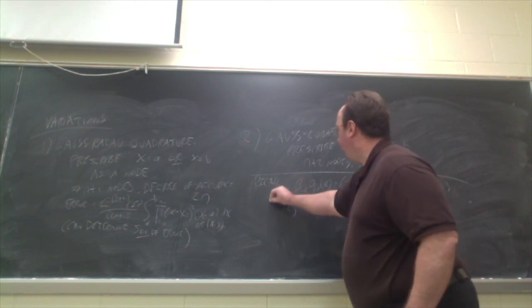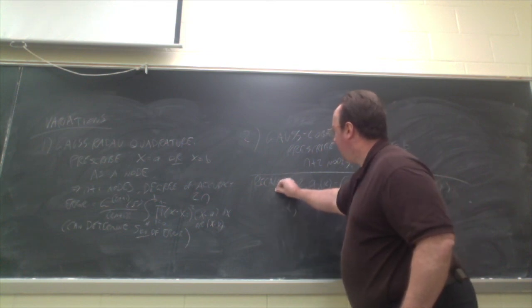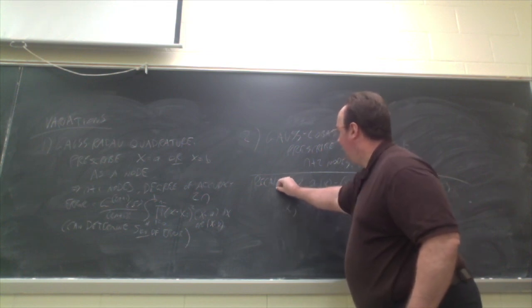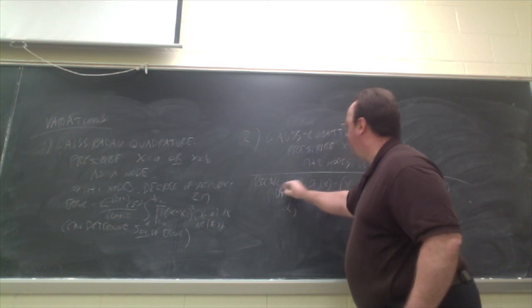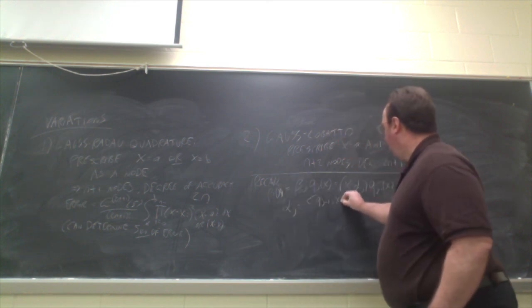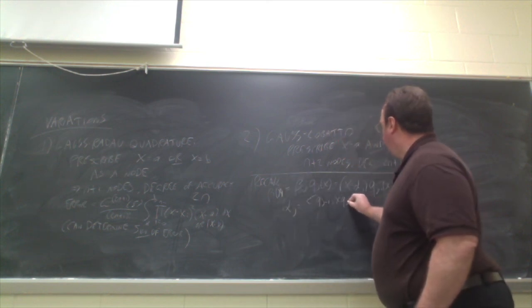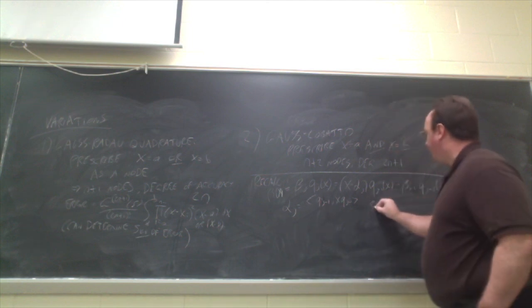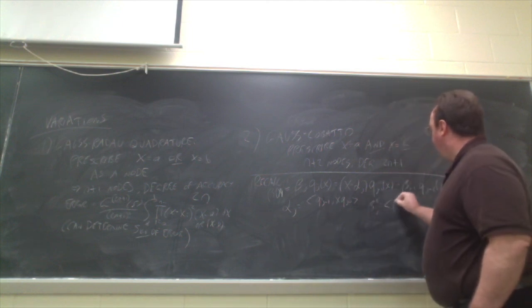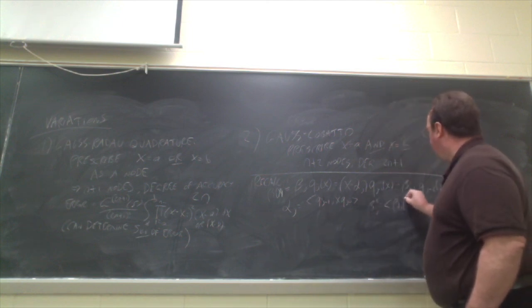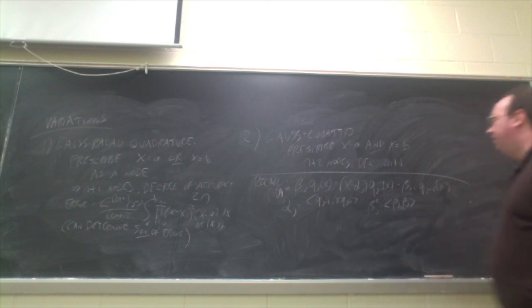And this was also p j of x is equal to all this, so it's q. So that's your formula for alpha j, and then beta j squared is equal to the inner product of p j with itself.